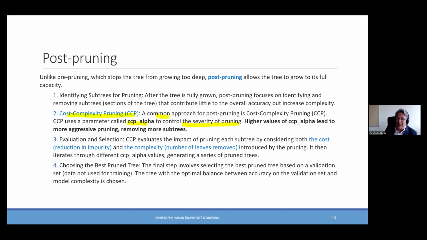Higher values of ccp_alpha lead to more aggressive pruning, so you will cut several parts of the tree ex post to improve your model. If I put 0, then the post-pruning model will be strictly identical to the pre-pruning model.